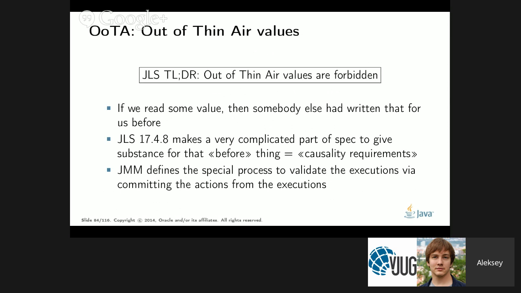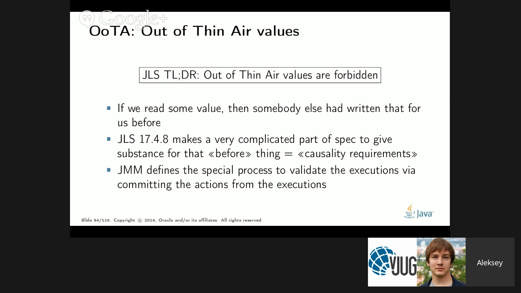And this is where it gets very, very tricky, because rigorously defining what is "before" seems to imply that we have to have some notion of global time, or global order in which all actions are executing, right? That again brings us to the strong memory model, and we don't want a strong memory model.